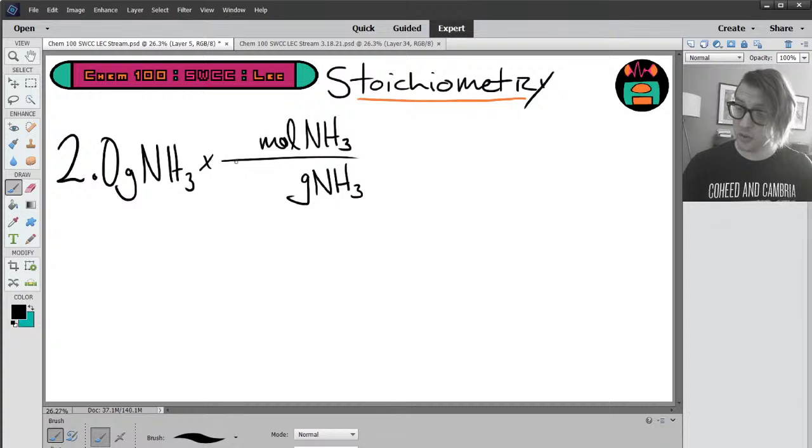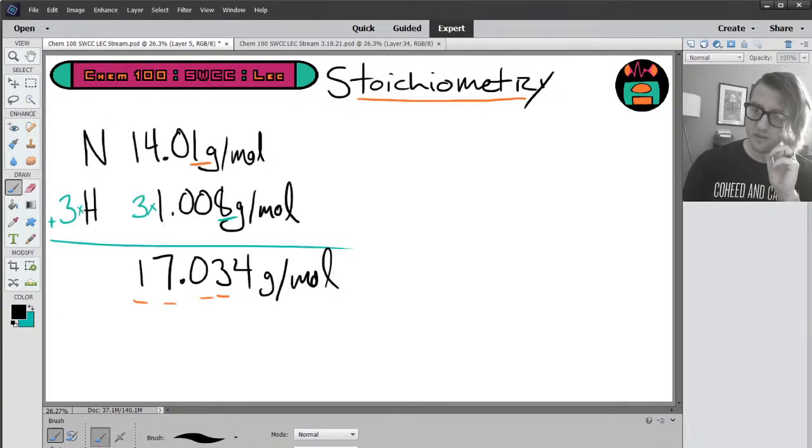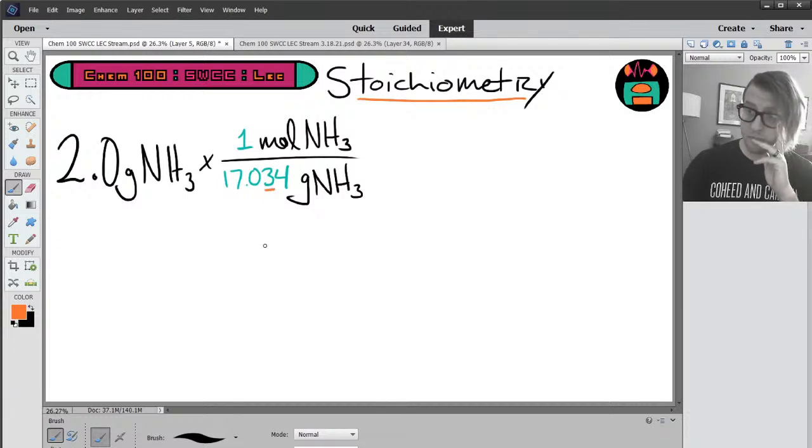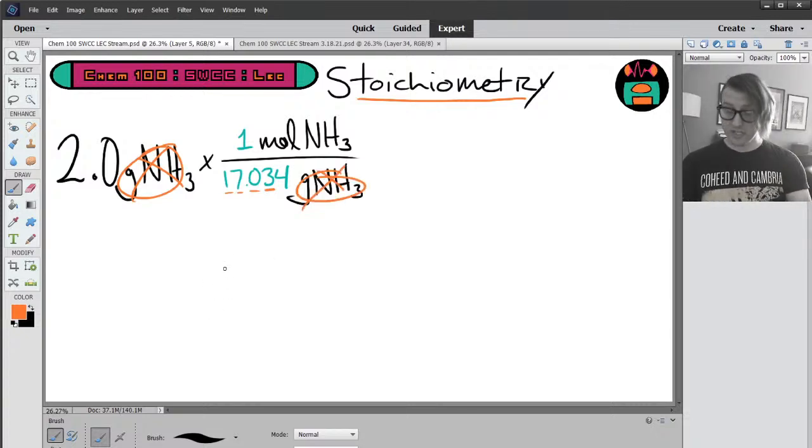And this is where the molecular weight comes into play, because that tells us, let's see, I've already forgotten what it is, so I'm going to just take a peek, 17.034, that there are 17.034 grams of ammonia in 1 mole, and the last significant digit in this number is in the second decimal place, so this number has 4 sig figs. You'll notice that grams of NH3 cancel with grams. This leaves us with moles of ammonia.